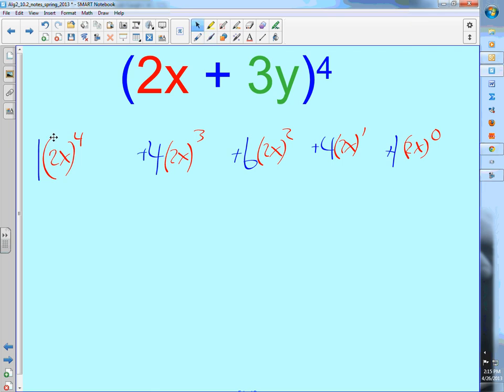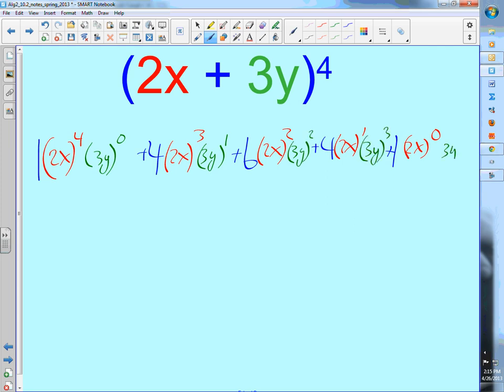And then the y's, also in parentheses, 0, 1, 2, 3, and 4. And then clean it up. But again, the parentheses are a big deal.